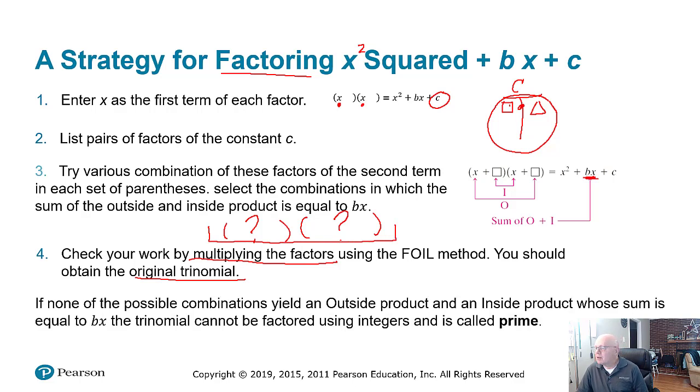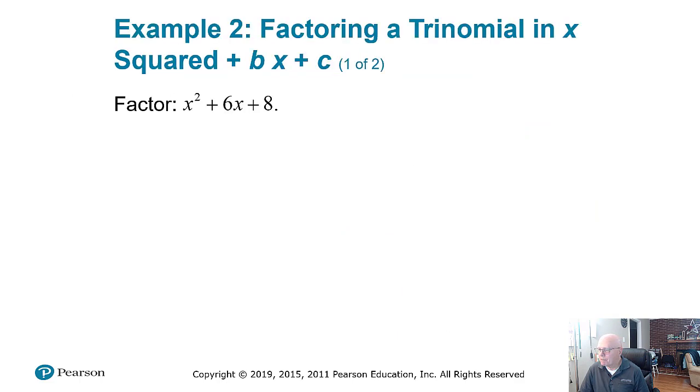If none of the combinations that you put in work, then if you can't factor it, it's called prime, just like a regular prime number. 7 can only be multiplied by 1 and 7, or factored as 1 and 7.